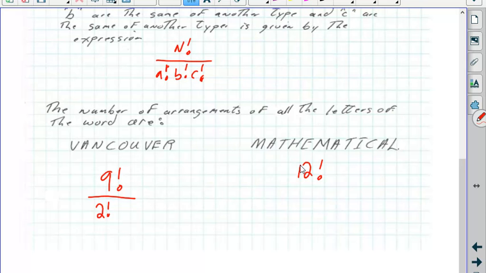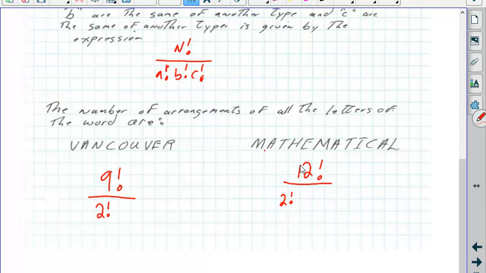But there is repetition. I can rearrange those 2 M's, I could swap them out. Those would still spell the word mathematical. I have to take that out, 2 factorial.